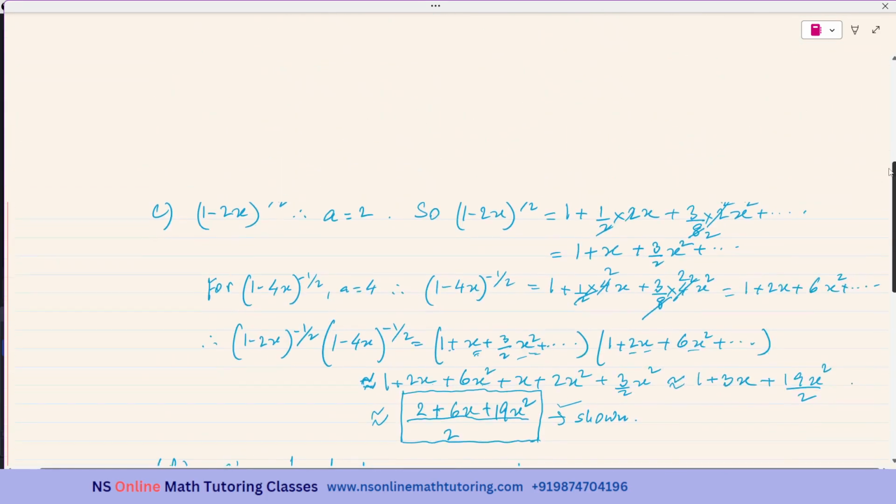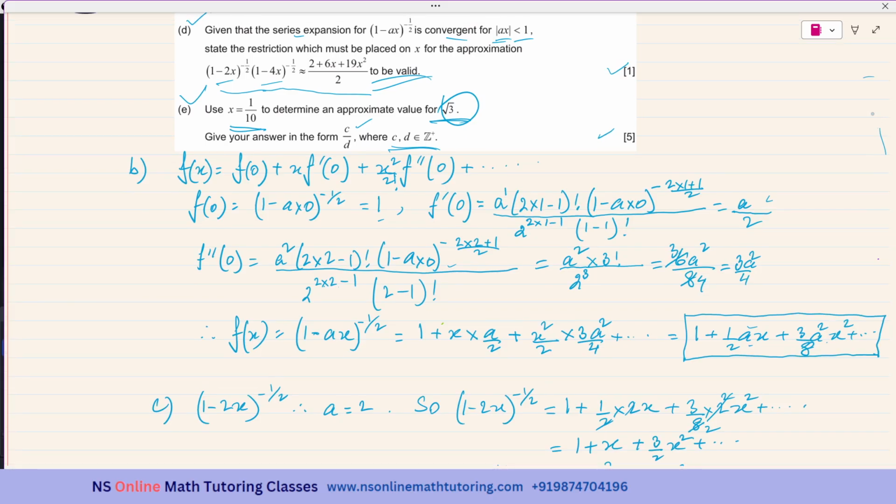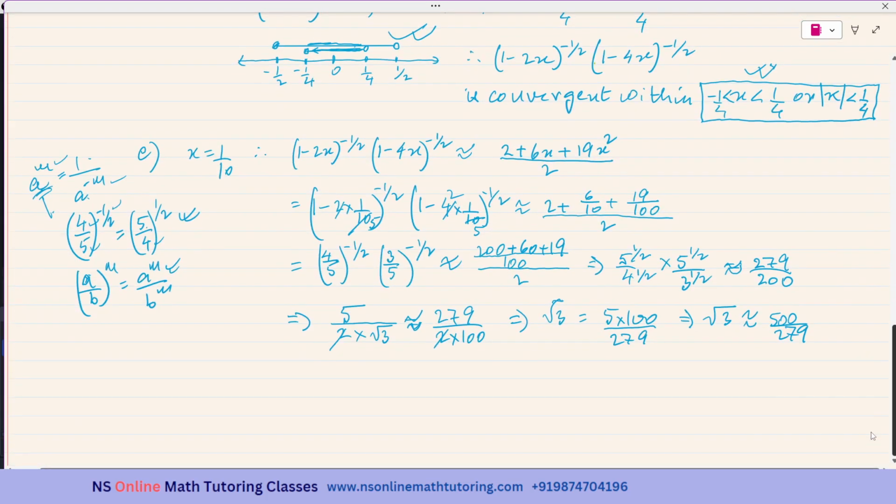See, they have asked to give the value of root 3, or the approximate value of root 3, in the form C over D, where C and D are positive integers. So 500 and 279 both are positive integers.